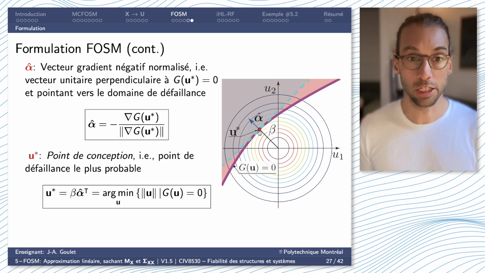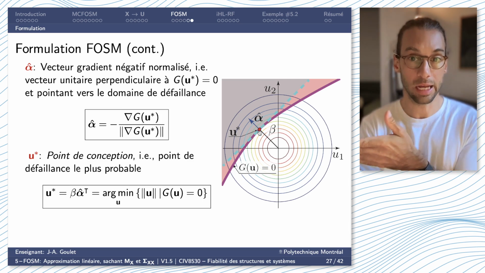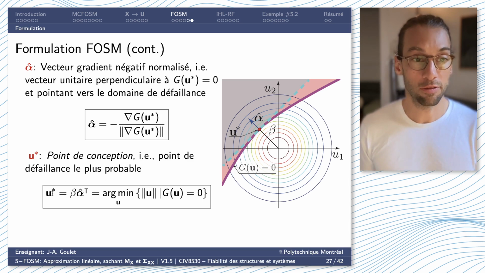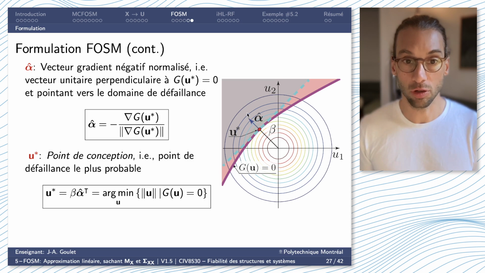And U star is going to be my most likely failure point, or my design point, as we're going to call it. We can always find my design point U star by saying it's going to be beta times alpha transpose, where alpha is my gradient vector of length 1.